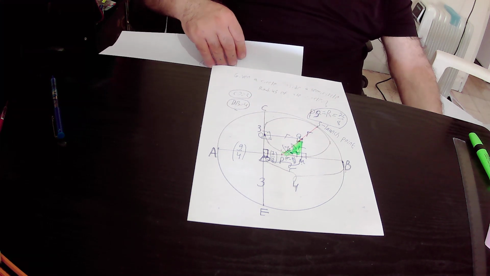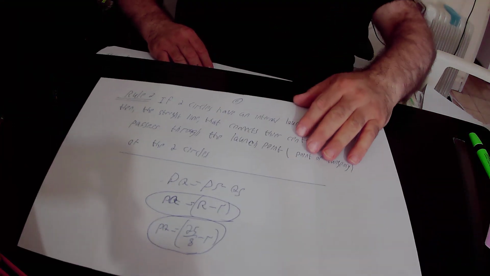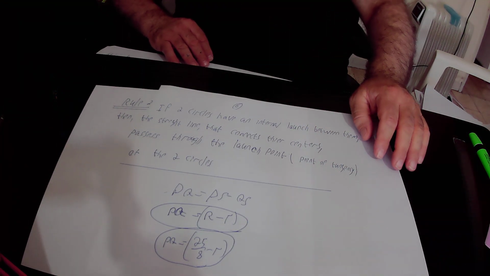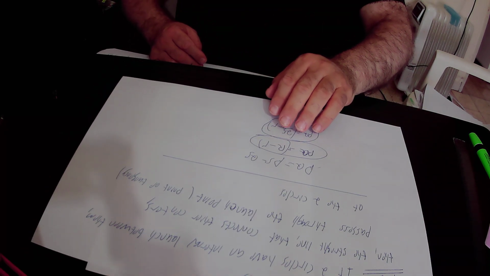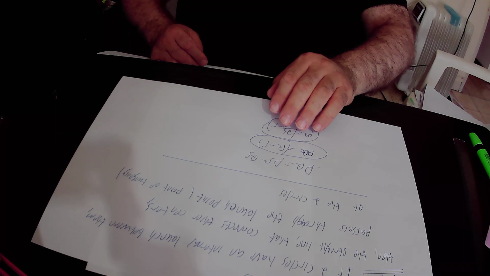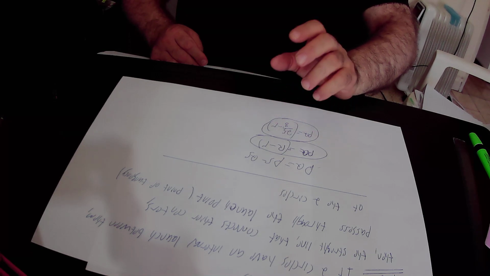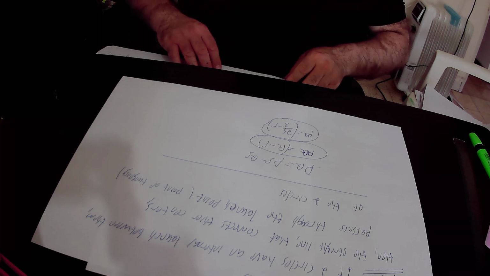Then I presented to you rule number 2. According to rule number 2, if two circles touch each other internally, then the straight line that connects their centers passes through the launch point of the two circles. And the launch point is the point of tangency, or the touching point of the two circles.